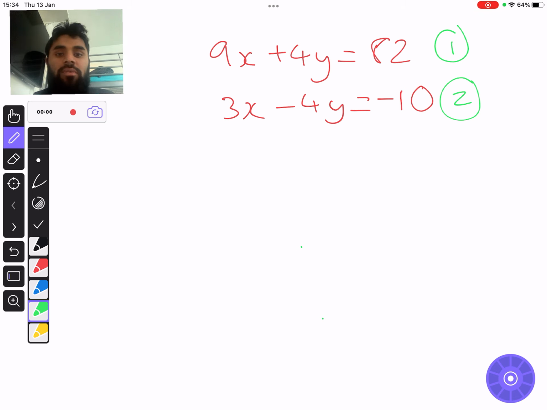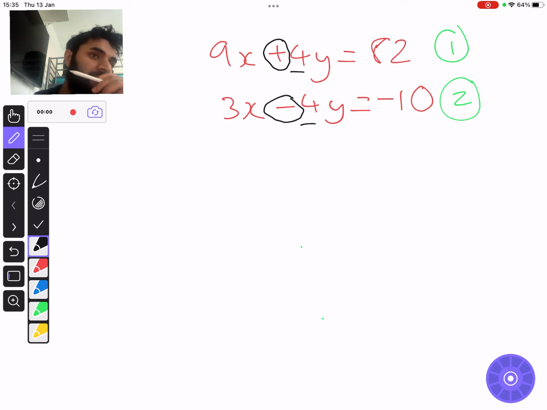Well, what is the same is that we have two coefficients that are the same. However, the signs are different this time. So you may ask, what difference does that make?